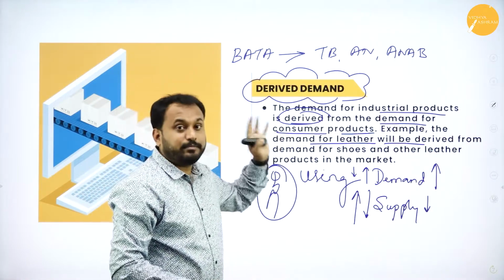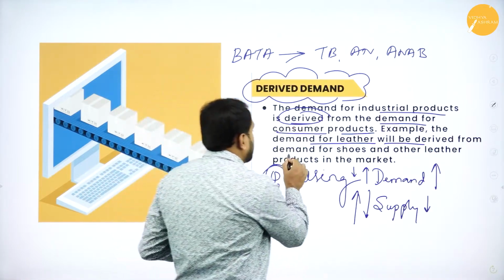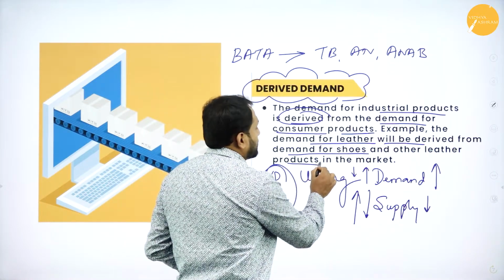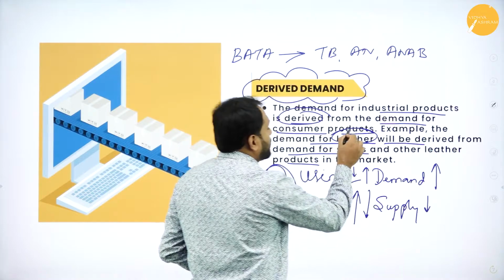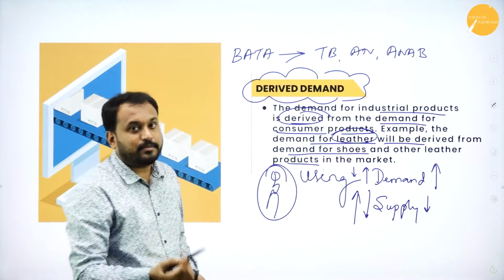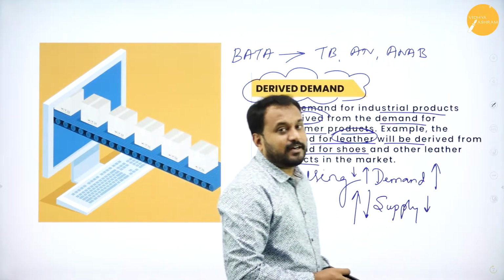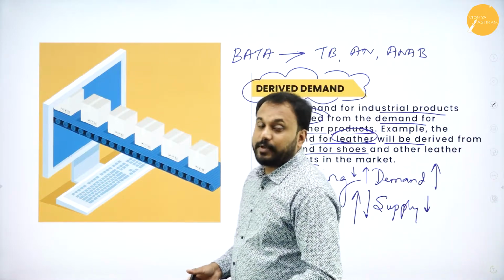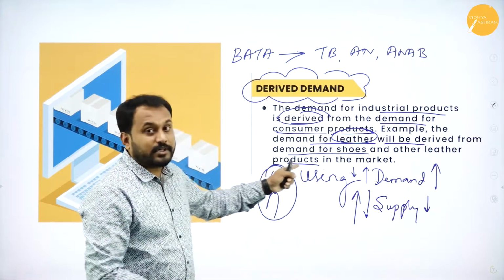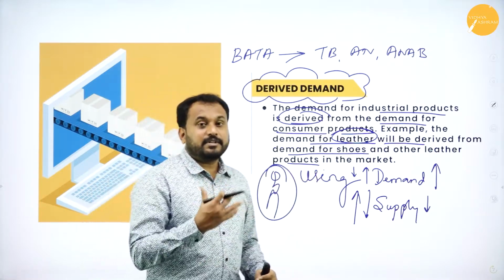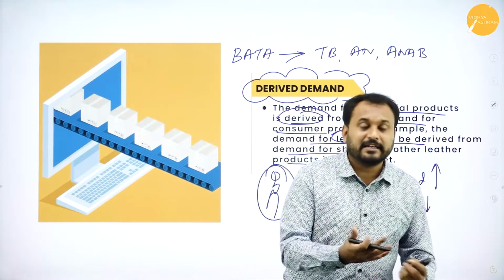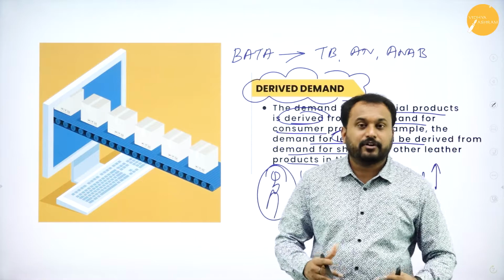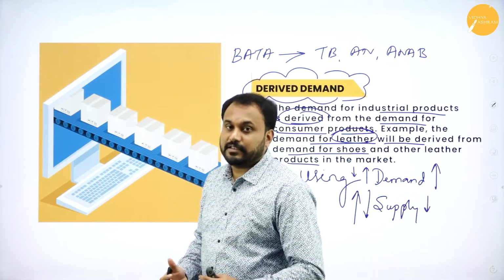The reason is demand for shoes, or demand for the product. So what is the industrial product here? Leather is the industrial product. Due to leather being an industrial product, many animals are also killed because of the consumer. Understand this: in the late 80s and early 90s, there was a huge demand for the tusk of the elephant, the ivory.